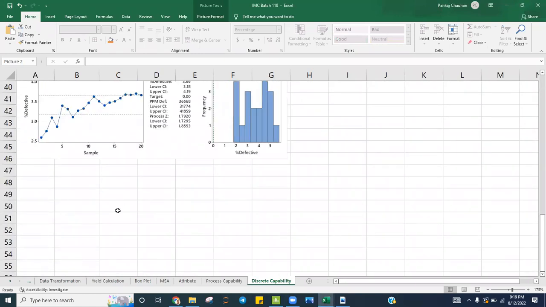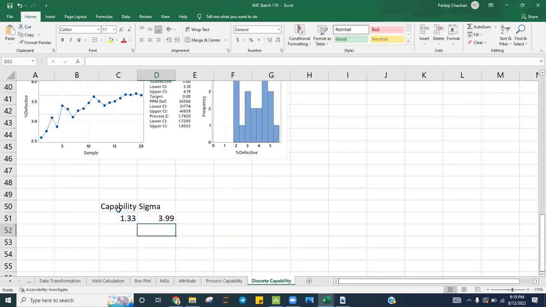So if your capability is 1.33, which means your sigma will be this value multiplied by 3, which means 4 sigma.